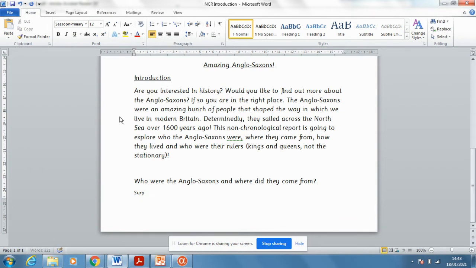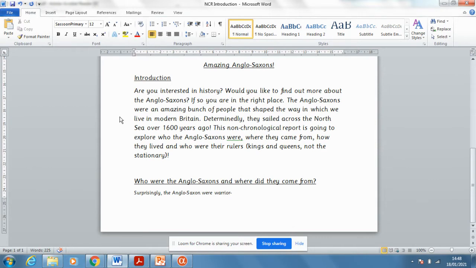We'll start with an adverbial. So surprisingly, the Anglo-Saxons, if you notice there, Anglo-Saxons, we're using capital letters because it is a proper noun. So surprisingly, the Anglo-Saxons were warrior, a hyphen to link related words.